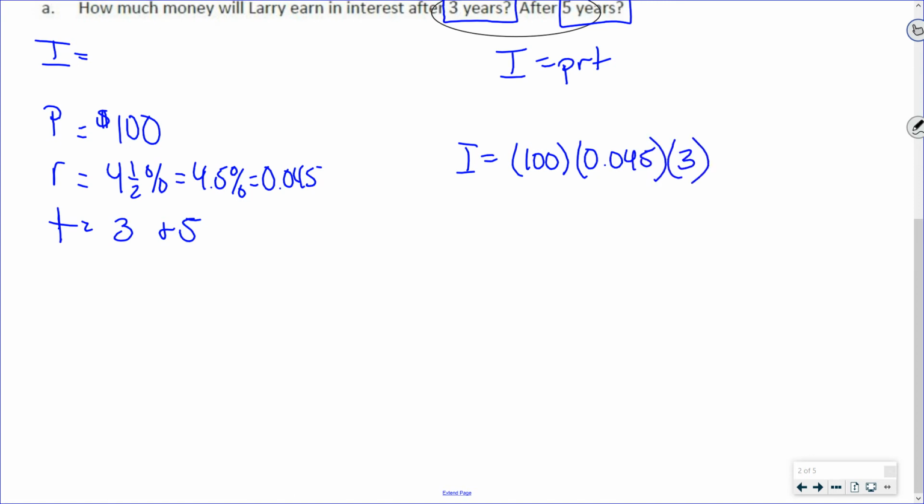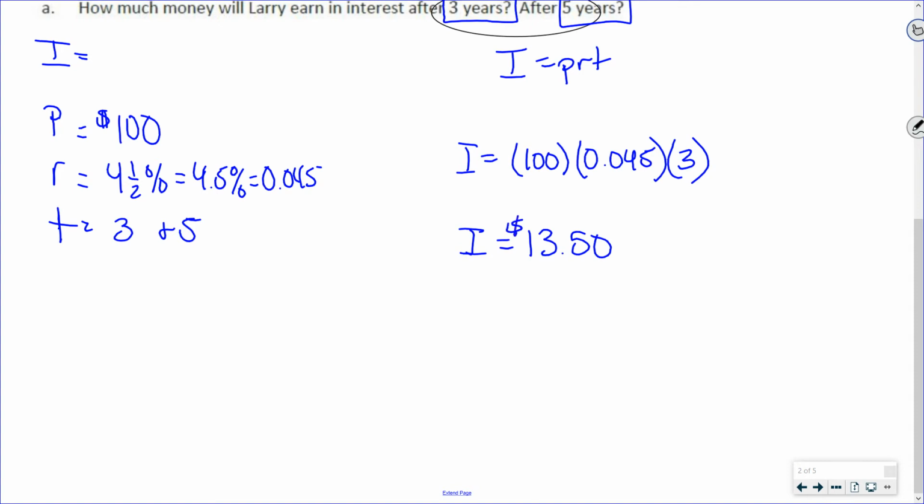So 100 times 0.045 times 3. If we go ahead and put that in a calculator real quick, 100 times 0.045 times 3 gives me 13.5. So my interest for 3 years was $13.50.